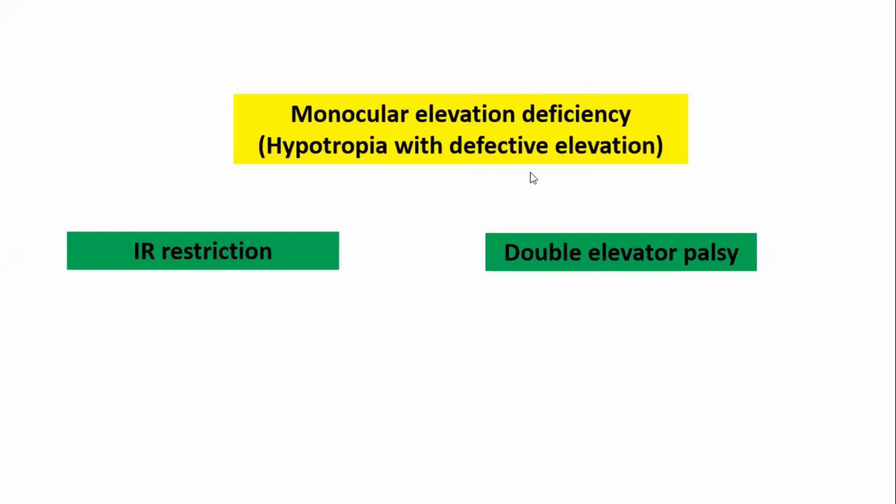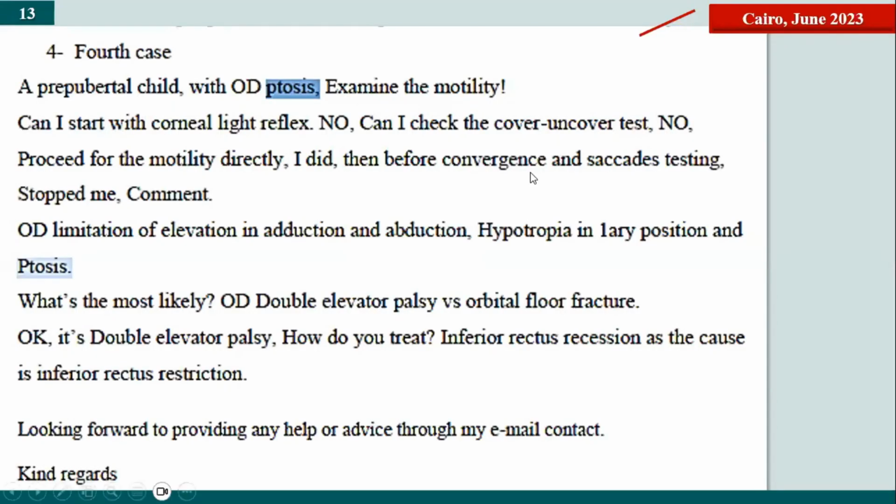But here the candidate mentioned something interesting: orbital floor fracture. If you study the differential diagnosis, you will find among the causes also orbital floor fracture. But if you think for a while, orbital floor fracture is one of the causes of entrapment of the inferior rectus. So it is something related to the inferior rectus restriction, but of course you have to fix this fracture.